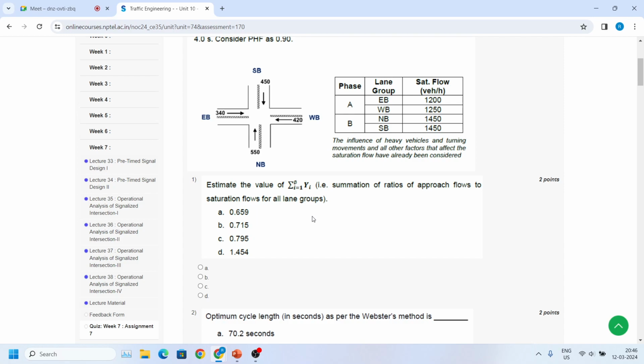But I think just a minute, it's QIJ. So you have the YI values, the summation of the YI values. Okay.